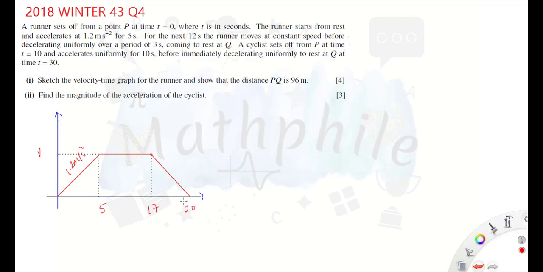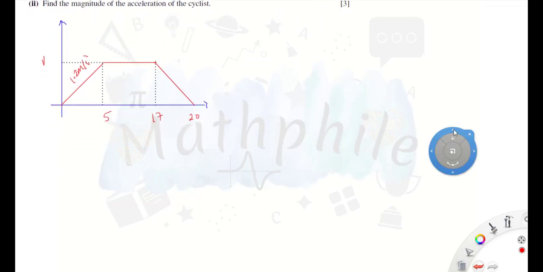Now we're told that we have to show that this is 96. Any idea how to do it? We can use the acceleration given to find the v.